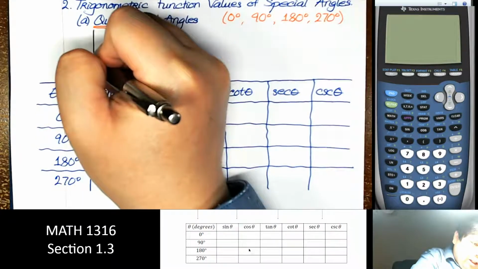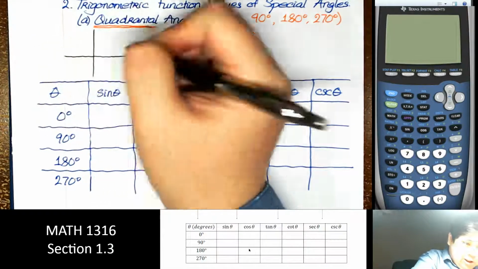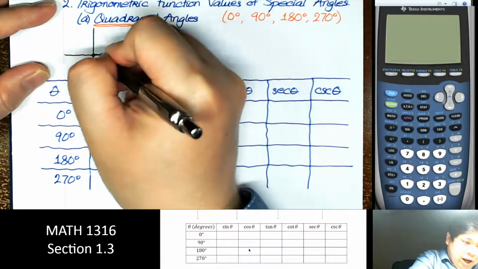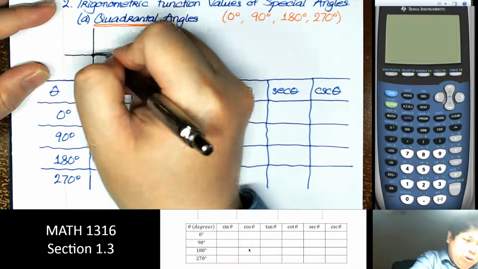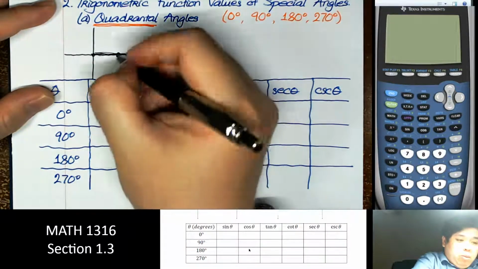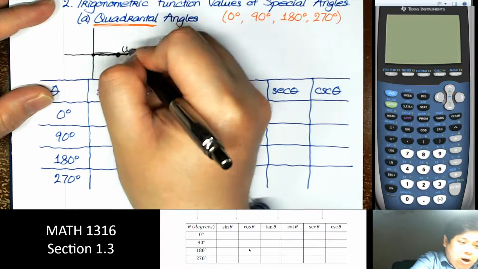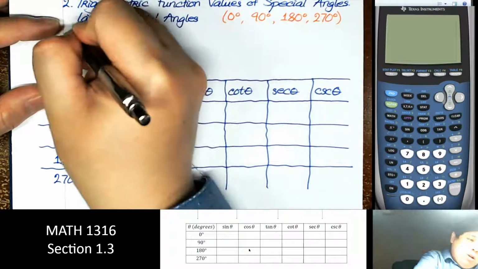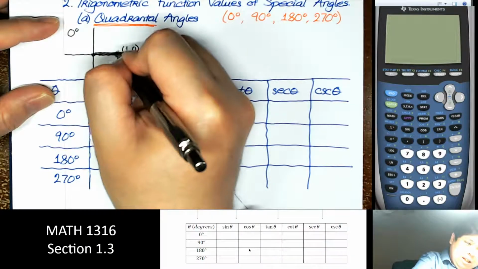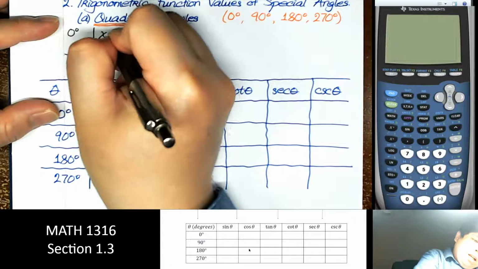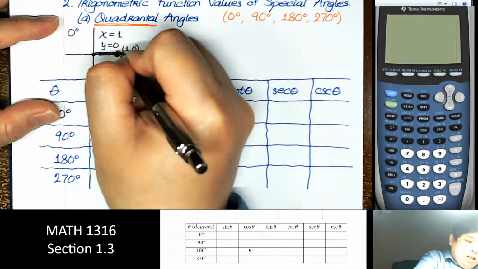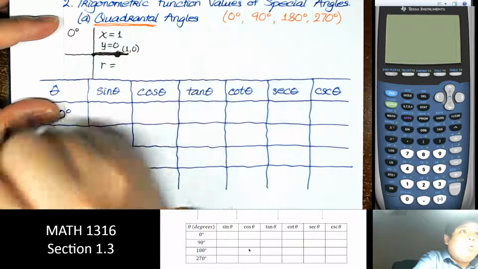So we're going to draw it. If it's in standard position, then for the zero angle the terminal and initial rays will be the same. So we have the point here, and we can choose the point easily: x equal to 1, y equal to 0. For 0 degrees, corresponding to that point, x equal to 1, y equal to 0, and r, the distance between the origin and that point, is 1.